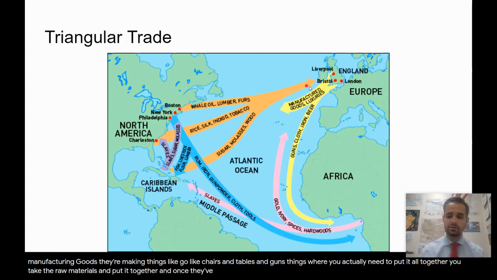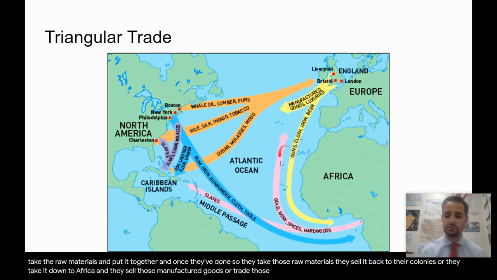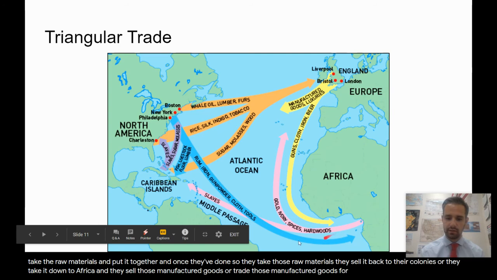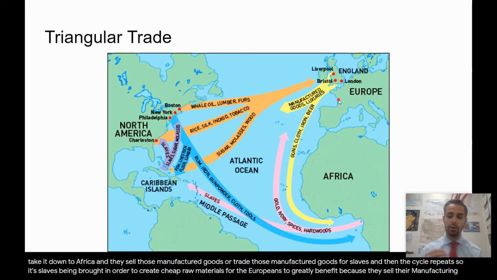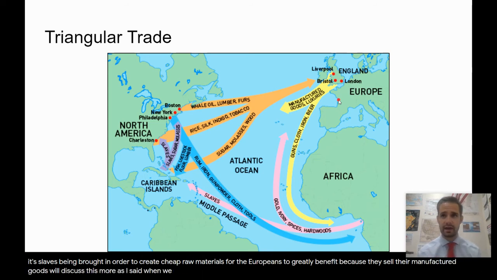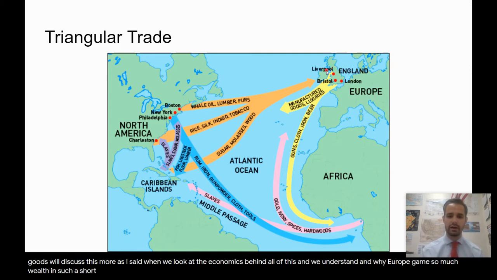And once they've done so, they sell it back to their colonies, or they take it down to Africa and they sell or trade those manufactured goods for slaves. And then the cycle repeats. So it's slaves being brought in order to create cheap raw materials for the Europeans to greatly benefit because they sell their manufactured goods. We'll discuss this more, as I said, when we look at the economics behind all of this and we understand why Europe gained so much wealth in such a short amount of time.